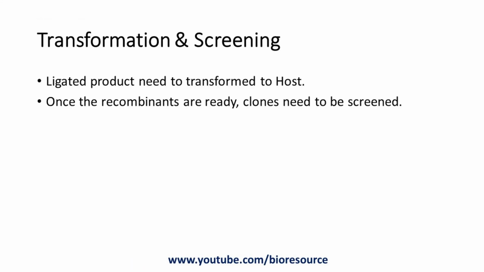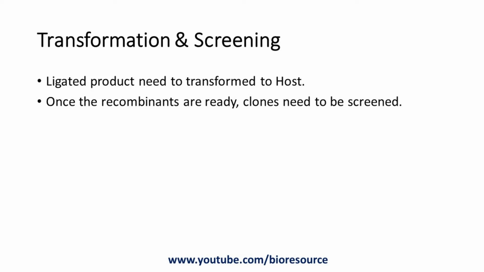Once the ligated product is ready, it needs to be transformed into a host. This can be either bacterial cells, yeast cells or mammalian cells, depending on the choice you have. In case of bacterial cells, competent cells are required. Competent cells are incubated with the ligated product. Through the heat shock method or even through electroporation, transformation can be achieved.